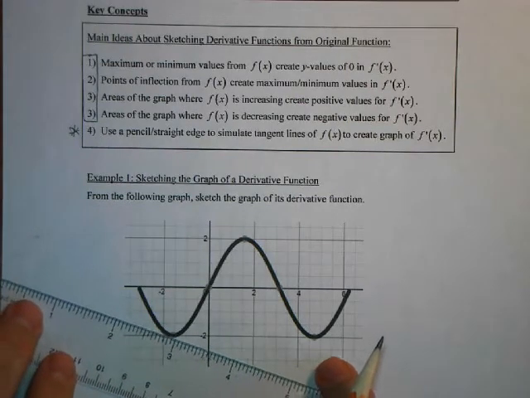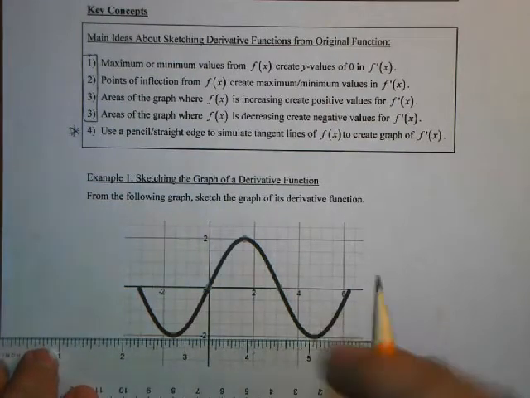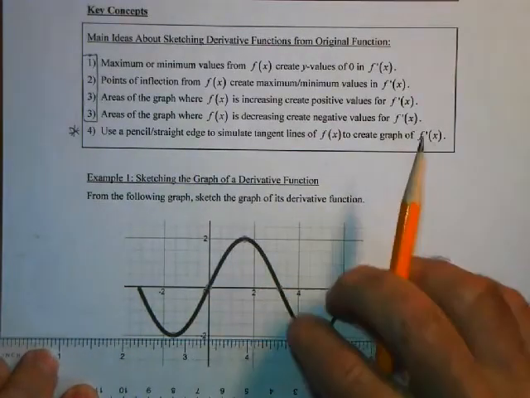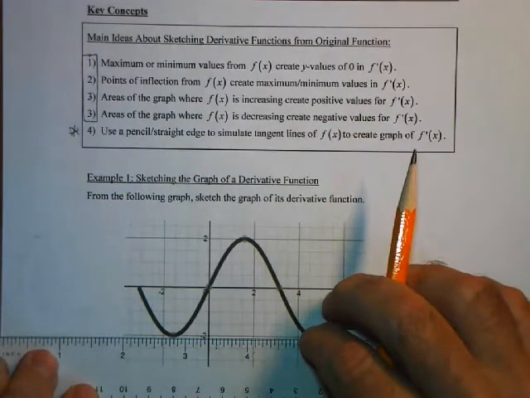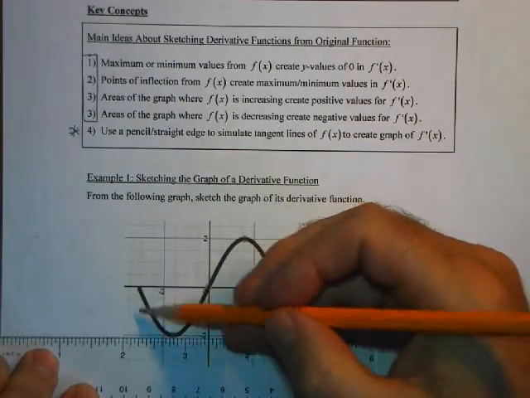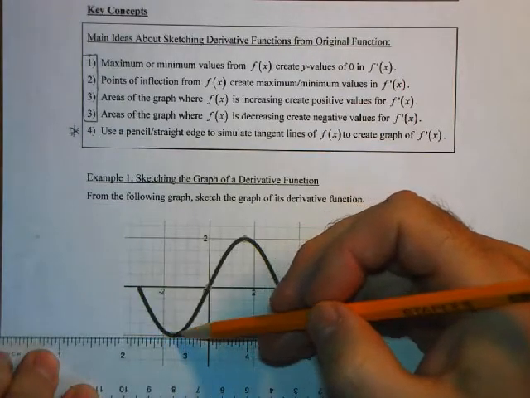But we get down to the bottom here, and you can see the slope of the tangent at this minimum is a horizontal line, and the slope of any horizontal line is 0. So as we go around here, it was fairly highly negative, increasing to the point where it gets to 0.